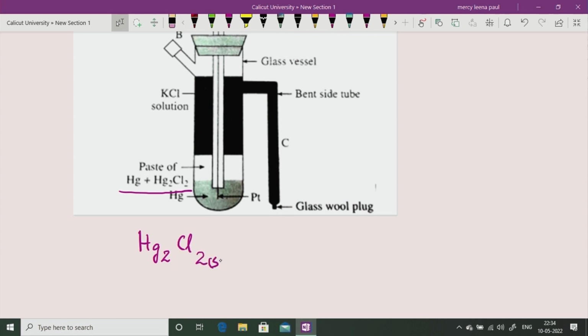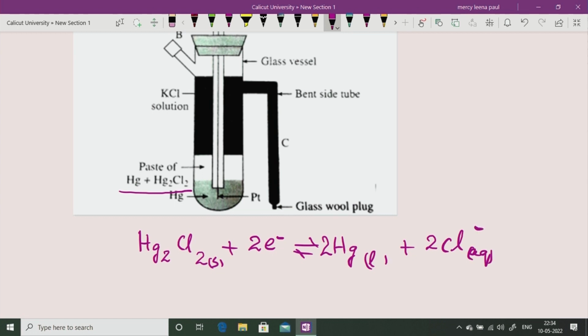Calomel has two mercury each in +1 state, so you add 2 electrons and you get liquid mercury, 2 Hg, since we have 2 mercury here, plus the 2 chloride ions released into the aqueous solution. So, this is the reaction. This electrode is reversible with respect to chloride ions, or the anions involved.